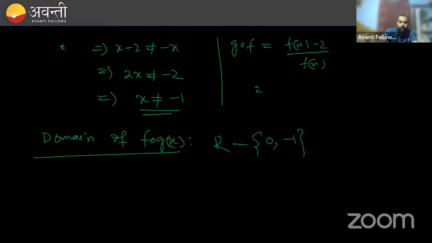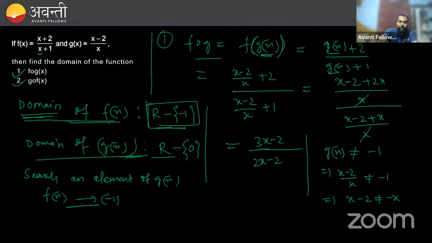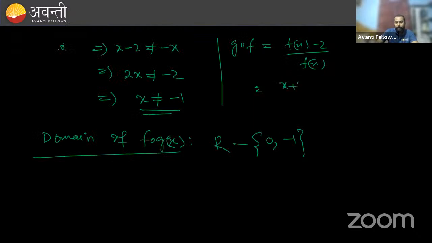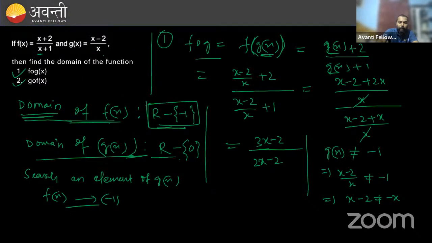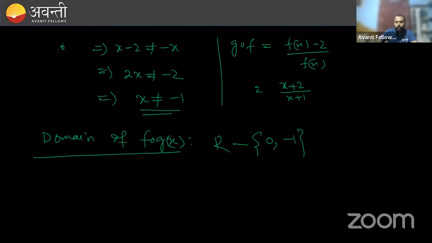So this becomes x plus 2 by x plus 1 minus 2 by x plus 2 by x plus 1. Simplify it, you will get the GOF or g of f of x.